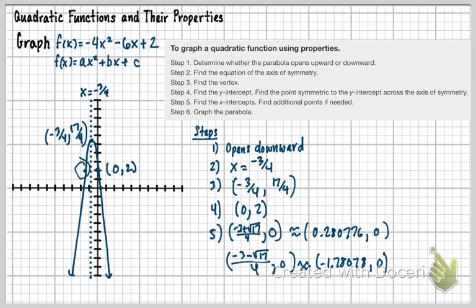You don't have to label this one over here. But the y-intercept for sure. The x-intercepts you're going to have to label here. So this is going to be (-3 + √17)/4, comma 0. And the one over here is going to be (-3 - √17)/4, comma 0. So there's all of our points, and that's a complete graph. So it definitely takes a little bit of time to go through these problems.